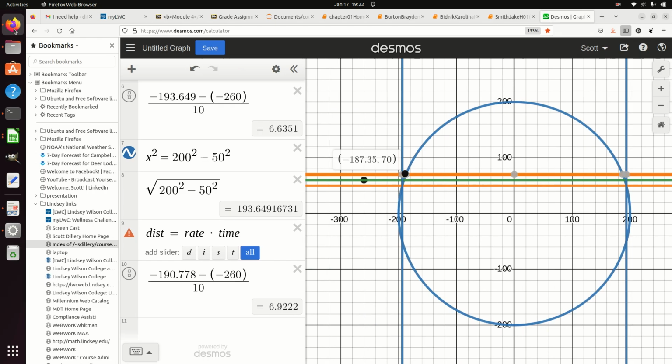And I'm basing that on that distance: I'm now at negative 187 as opposed to 190, which is what they used here to get the 6.9. That's 3 more feet, but divided by 10, that's 0.3. That looks like 7.2 or 7.3.